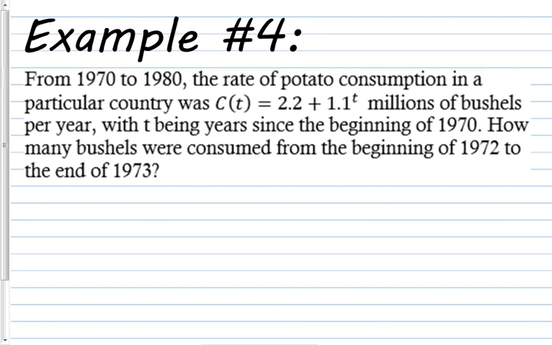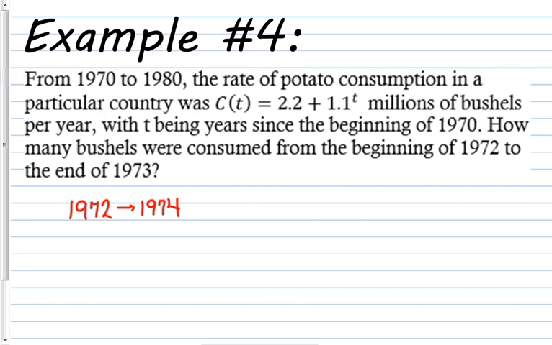So we're concerned with the amount of bushels of potatoes consumed since 1972 all the way through all of 1973, right? So it was 2 full years. So from 1972 all the way through the end of 1973, which is essentially the very beginning of 1974.